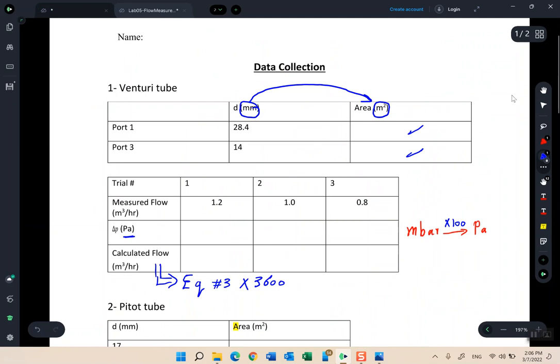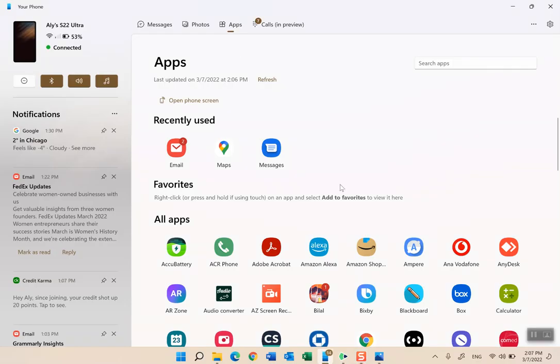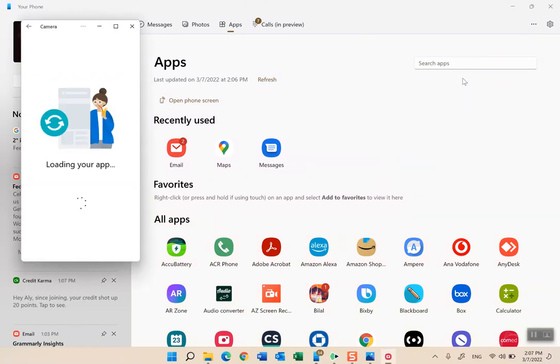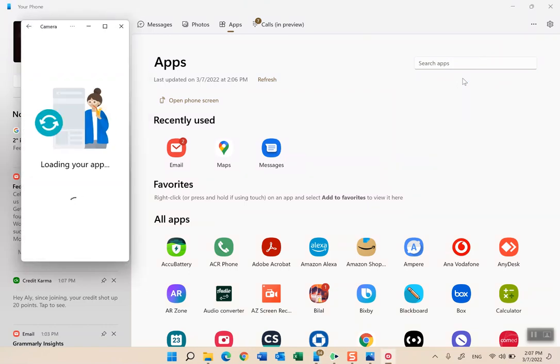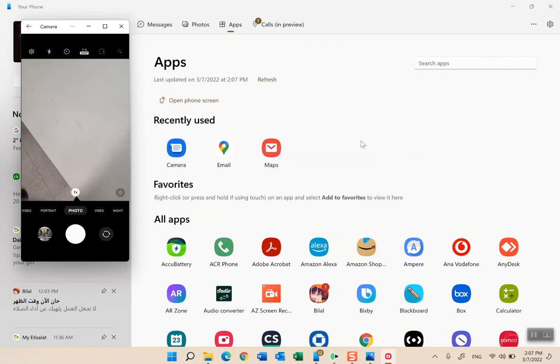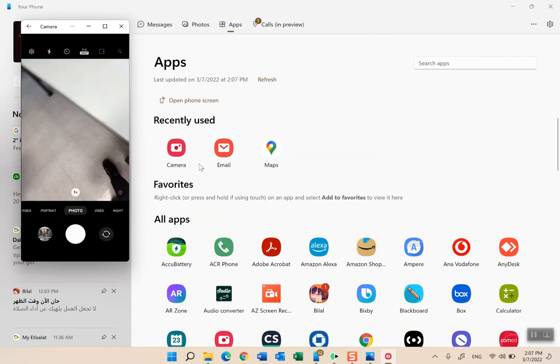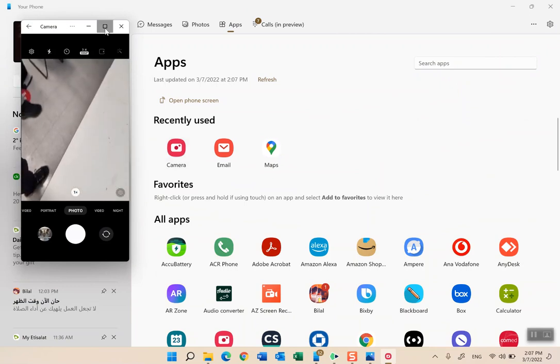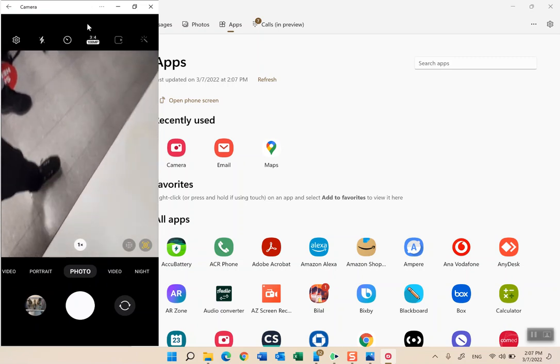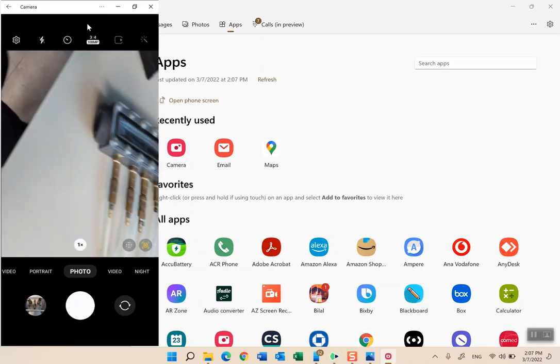So for the first experiment, the Venturi tube, I will use my camera so you can see the Venturi tube very clearly.